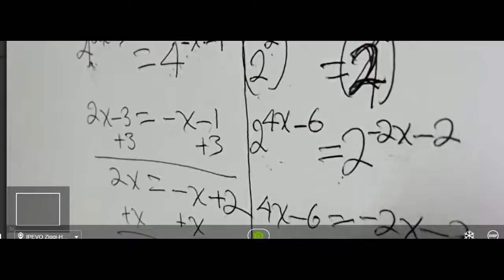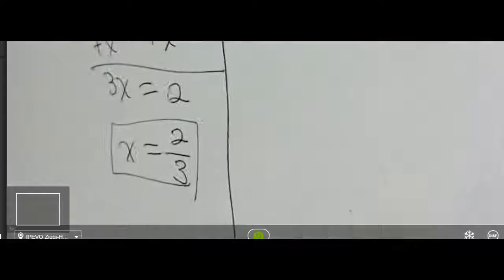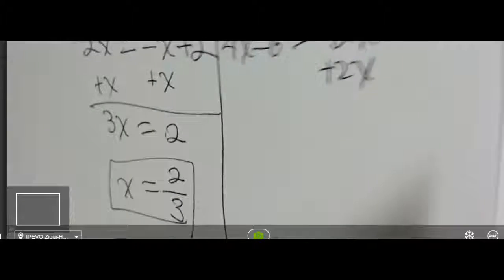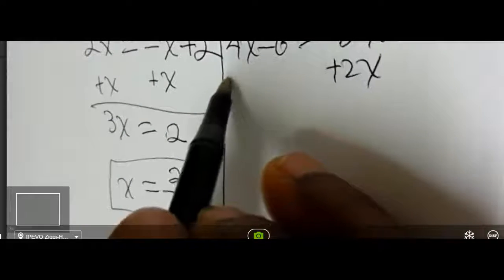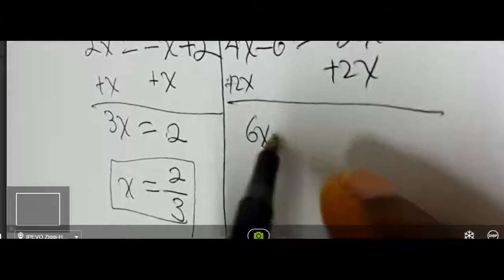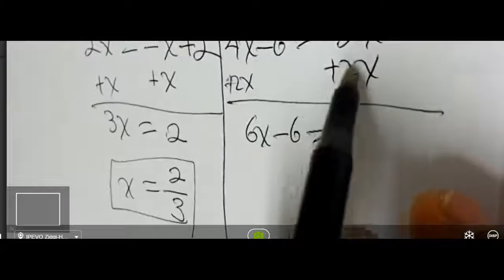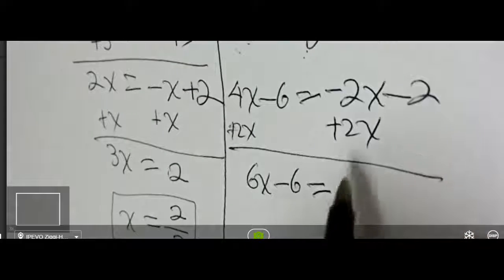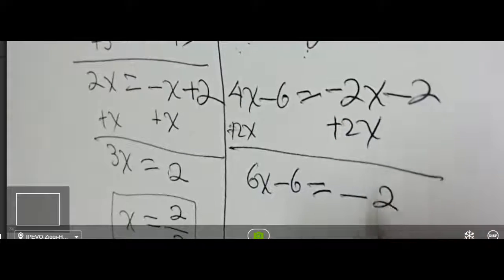So if we add 2x to both sides, that will give us 6x minus 6 equals 0 minus 2.